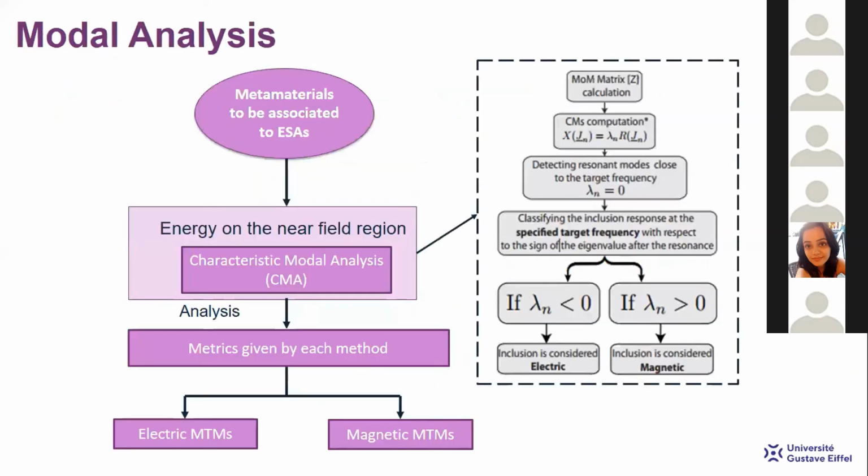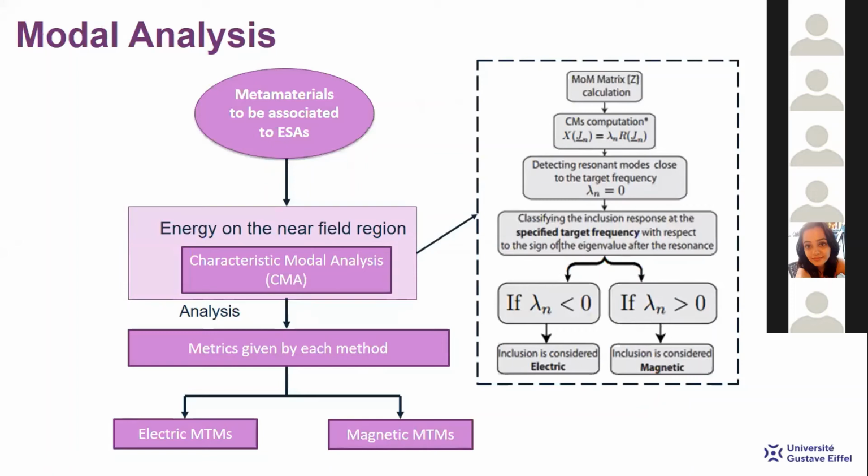To better understand and to better associate this chiral metamaterial to electrically small antennas, we propose to study it with modal analysis, since modal analysis brings us full physical insight into radiation phenomena, and it allows us to better understand the behavior of these electrically small antennas. So an important question could be asked here: how to associate?